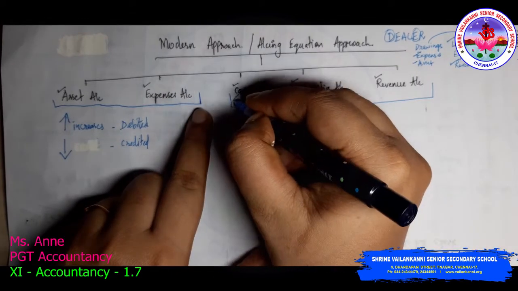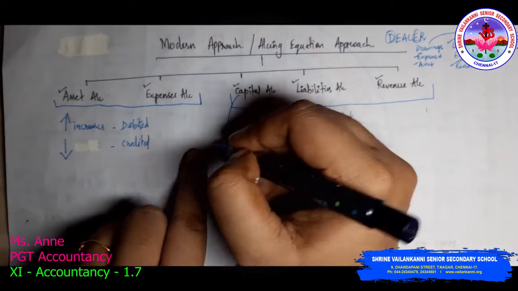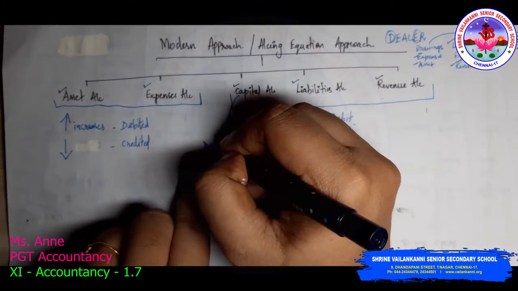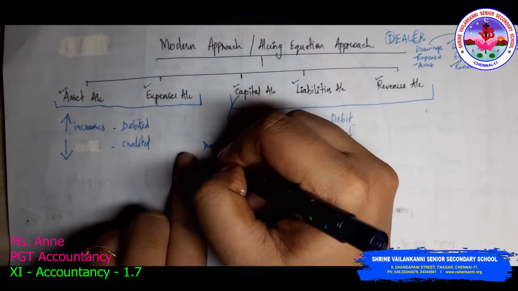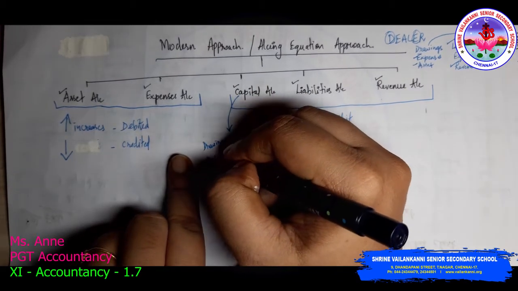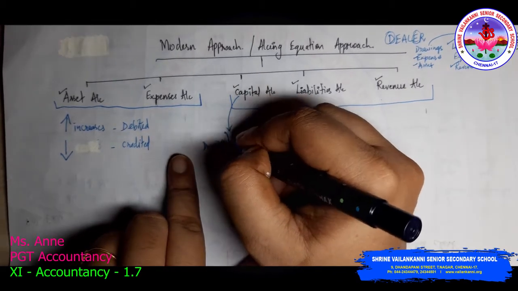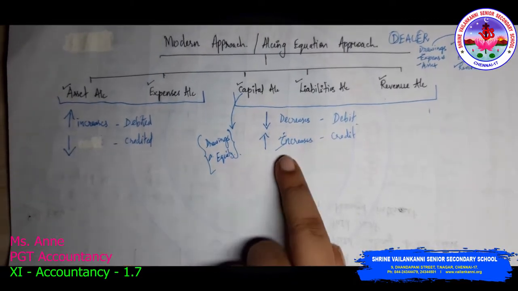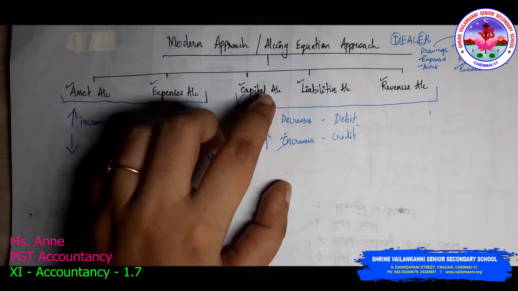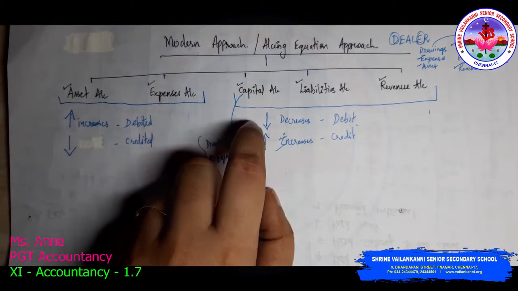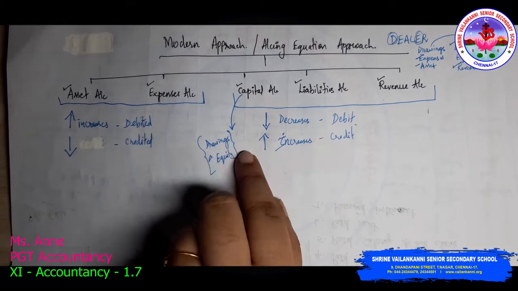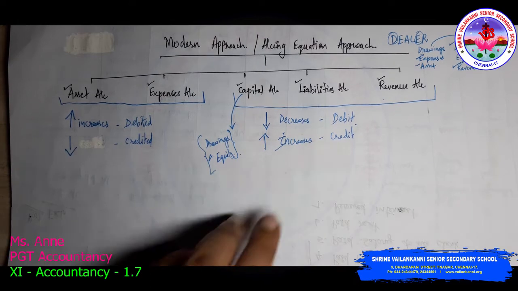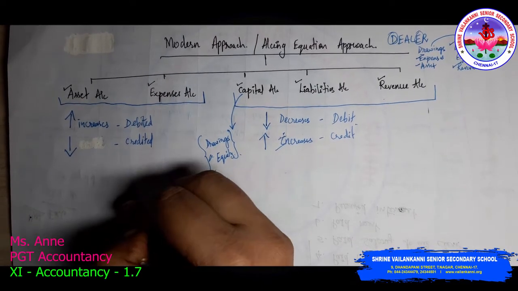Now capital, I am representing two things here, drawings and equity in my DEALER formula. So you need to understand this. Capital, liability, and revenue: decreases debit, increases credit. So this forms an accounting equation.